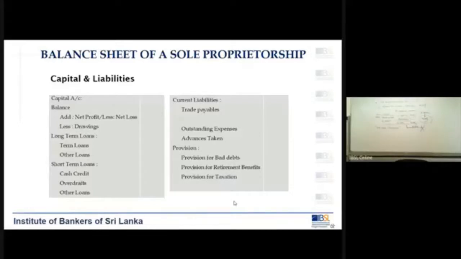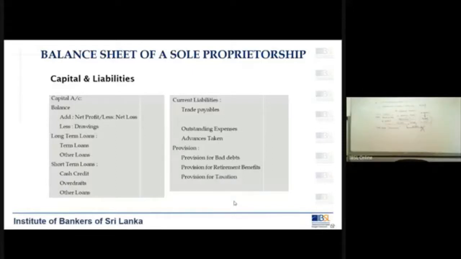You will make a provision. So for that provision, the debit goes to the P&L and the credit comes here to your balance sheet. So now you know where this provision for bad and doubtful debts appears. Where is it appearing? It is appearing under liabilities.